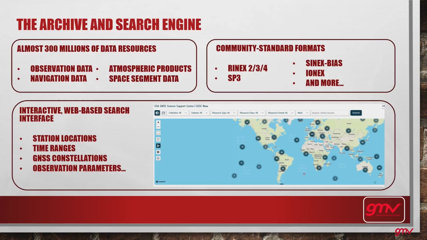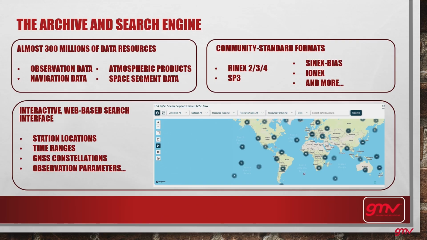A significant innovation of the portal is its interactive map-based search interface. Unlike the conventional FTP directories or static directory structures, the GSSC Explorer allows users to query a dataset based on multiple attributes, which include geographic bounding boxes, station locations, or time ranges, like storm periods, mission phases.